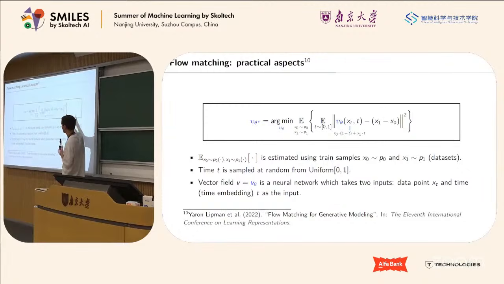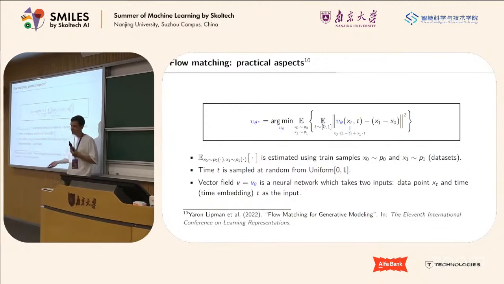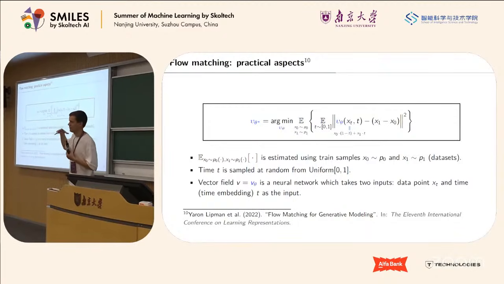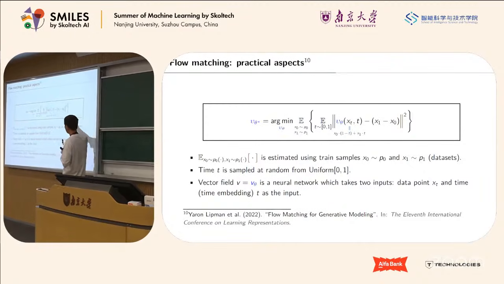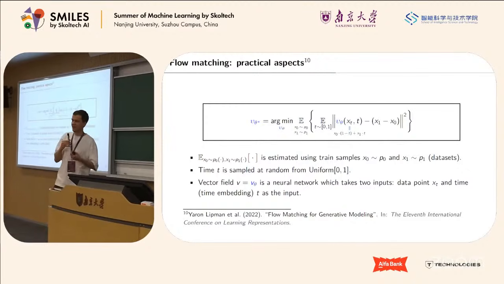How does it work? In fact, it works the same way as I told you on the previous slide. We just replace this expectation by Monte Carlo estimates because we only have samples from our target distribution P1 and our input noise distribution. And we solve this using standard deep learning methods, like stochastic gradient descent variants such as the Adam optimizer.